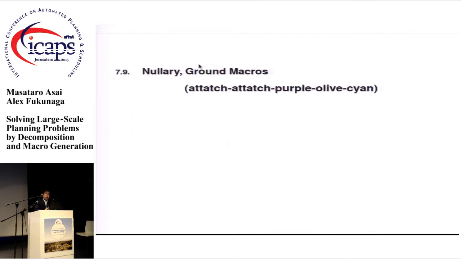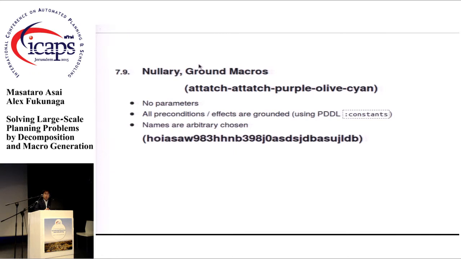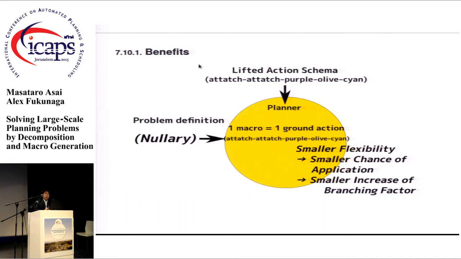Narrow ground macros are macros that have no parameters, and all preconditions and effects are grounded using the PDDL constants section, and the names are arbitrarily chosen. It has several desirable effects. The most important one is that one macro results in exactly one ground action. Another is that it has only smaller flexibility, and thus a smaller chance of application and a smaller increase of the branching factor.